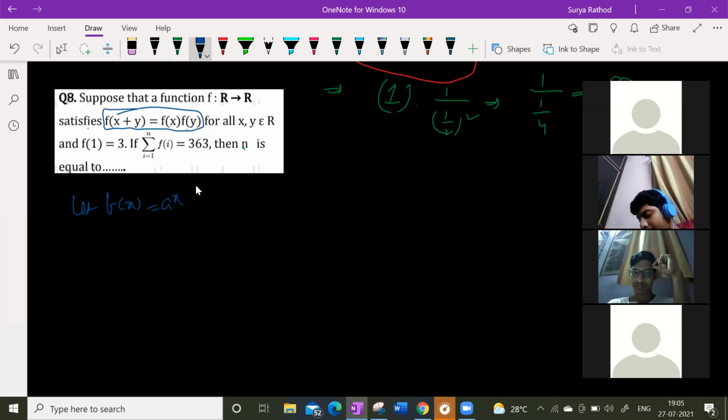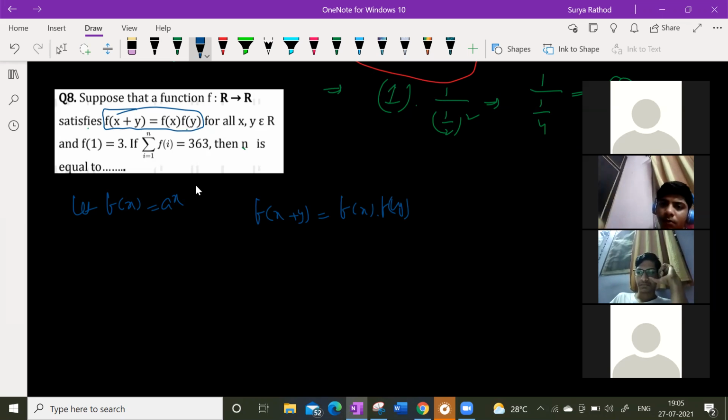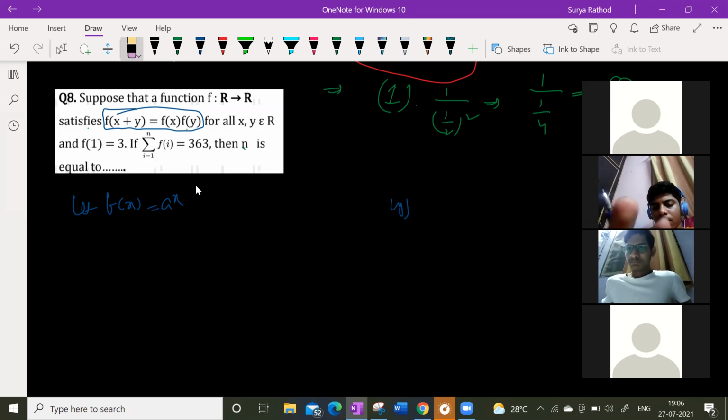He only has given that f of x plus y is equal to f of x into f of y. Is it clear? Now here f of x is equal to a power of x. So if I take a power of x, f of x into f of y, a power of x into f of y. So now if you take like this, what am I going to get?